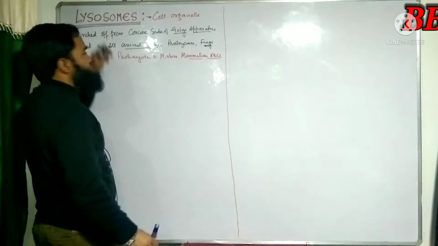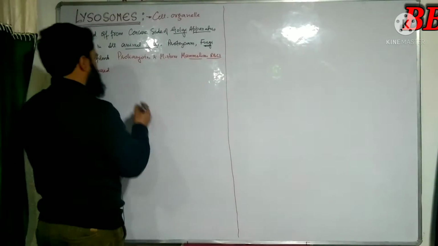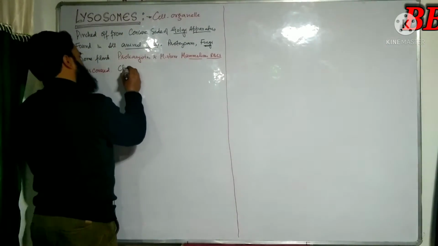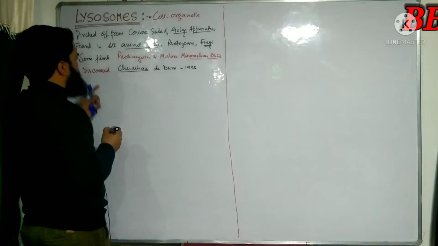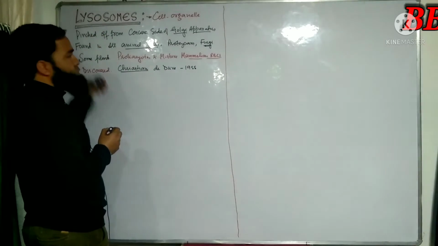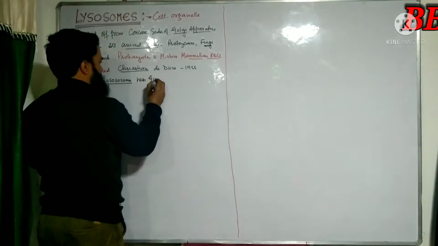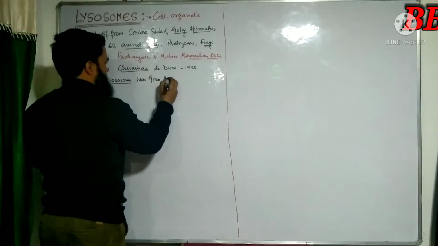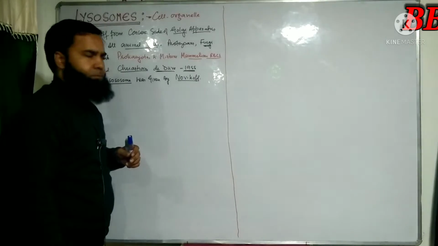First of all, the lysosome was discovered by Christian de Duve in 1955. But the term lysosome was given by Novikoff. Remember this point.